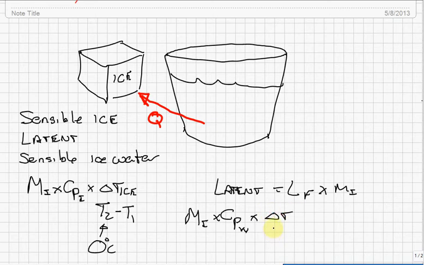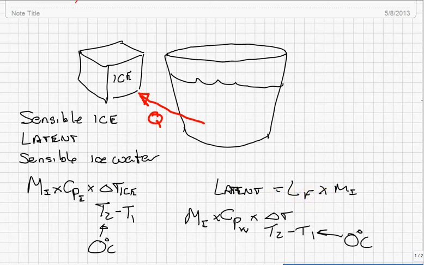But this delta T is going to be T2 minus T1, and T1 in this case is always going to be 0 degrees C because that's the temperature that the ice water starts out at. So our sensible heat for the ice is going to end at 0 degrees C. Our sensible heat for the water is going to begin at 0 degrees C, and in between those two heats we apply the latent heat.